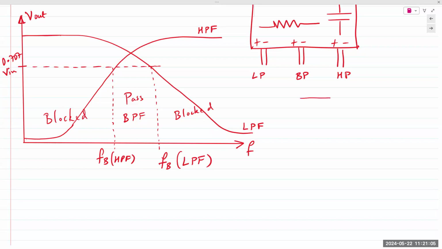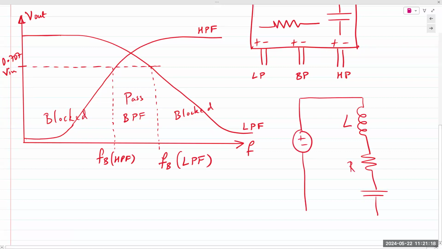So if I take a circuit, let's say inductor L, resistor R, capacitor C. If you ignore the inductor and you have simply an RC filter, if you take the output across the capacitor, what would we obtain?